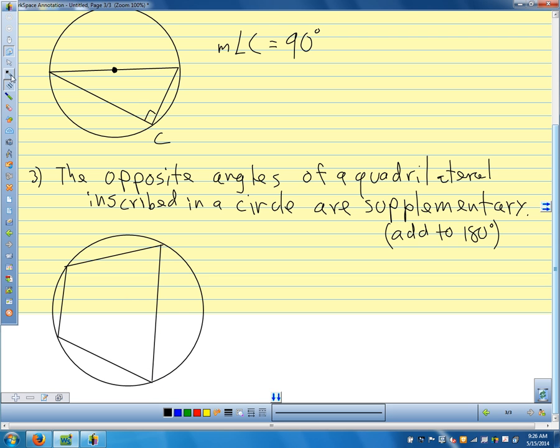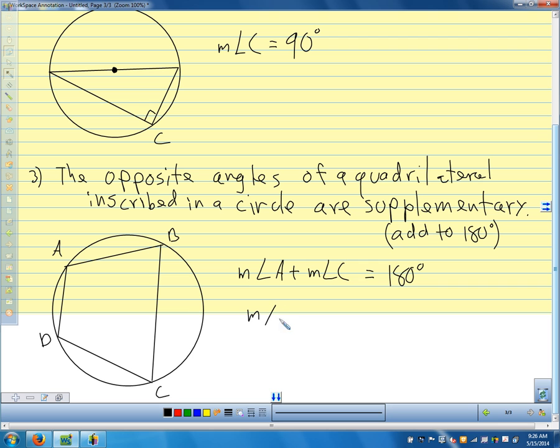So there's a quadrilateral, and I'm going to say that's A, B, C, and D. What this corollary tells us is that the measure of angle A plus the measure of angle C is 180 degrees, and the measure of angle B plus the measure of angle D equals 180 degrees.